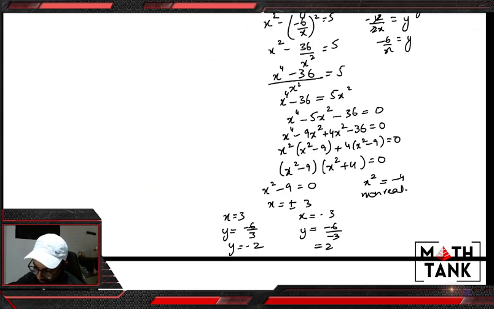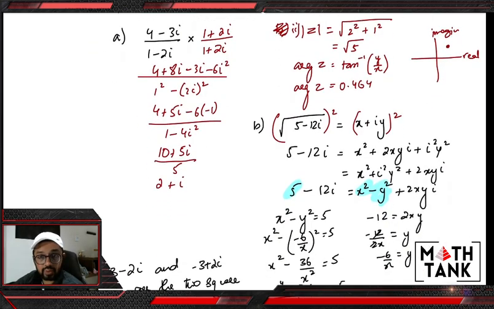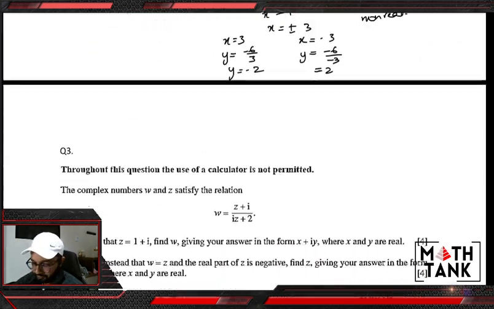So the two complex roots are 3 minus 2i and minus 3 plus 2i, the two square roots. Let's check if our answers are correct. Yes, that's the correct answer.